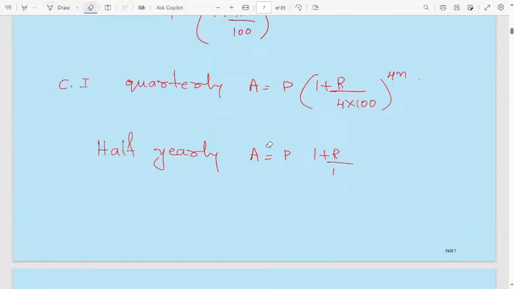I am giving it directly, only the 2 you have to change, that will be easy. Then compound interest is amount minus principal, that one you have to remember.